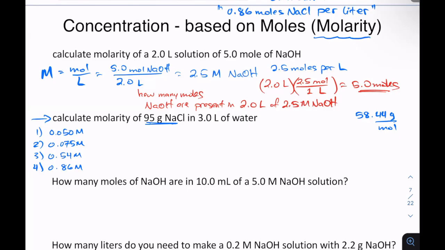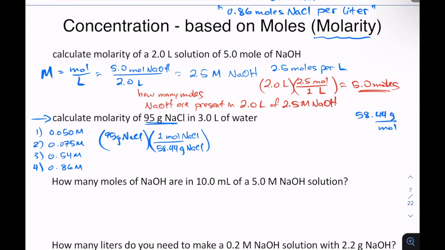So we start with what's given, 95 grams of NaCl. We now need the molar mass, which is going to be 58.44 grams of NaCl for every 1 mole of NaCl. That's going to give us moles.